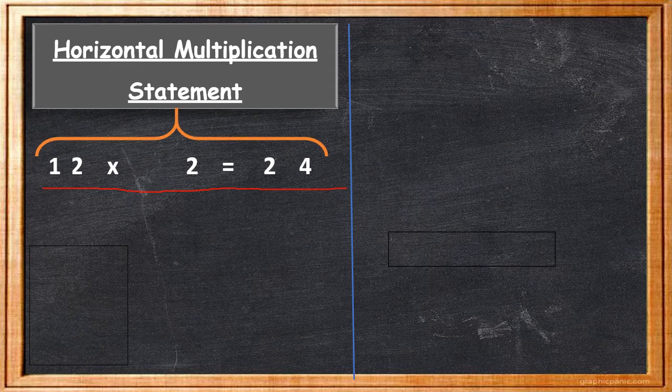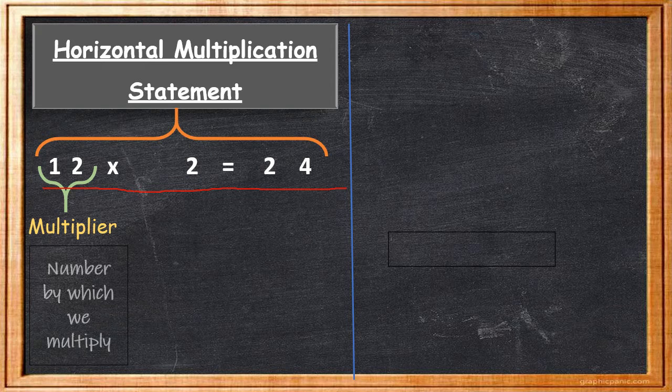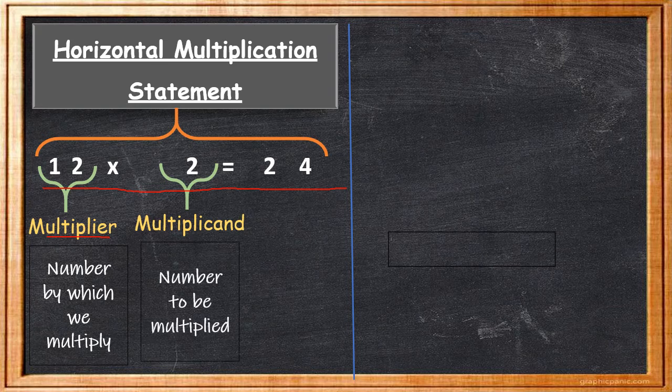And in this, the first number which is 12 is what? Multiplier. And multiplier means the number by which we multiply. The number by which we are going to multiply is known as multiplier. Okay. And the second number is known as multiplicand, which means the number to be multiplied.